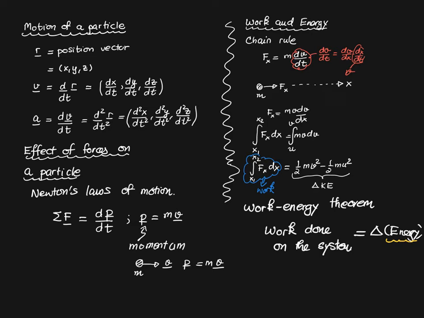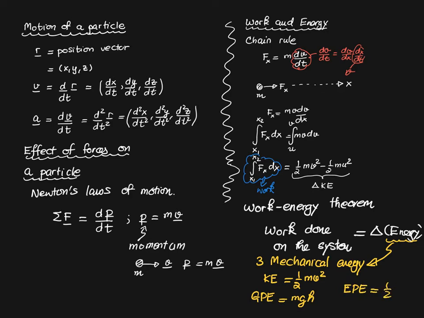However, in this particular handout, we are going to focus on 3 types of mechanical energy. The first one is kinetic energy, KE, and this is equal to 1/2 mv squared. We have gravitational potential energy, which is mgh, and we also have elastic potential energy, and this is 1/2 kx squared.